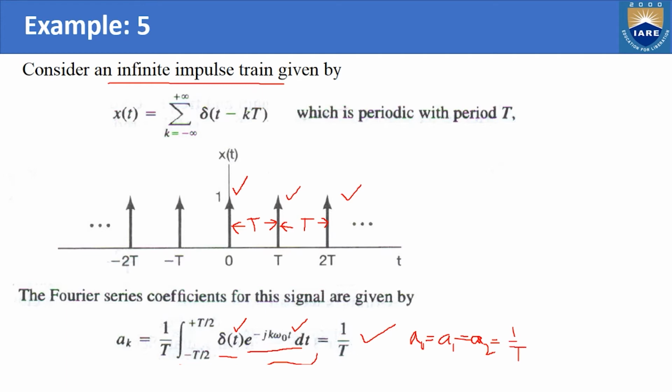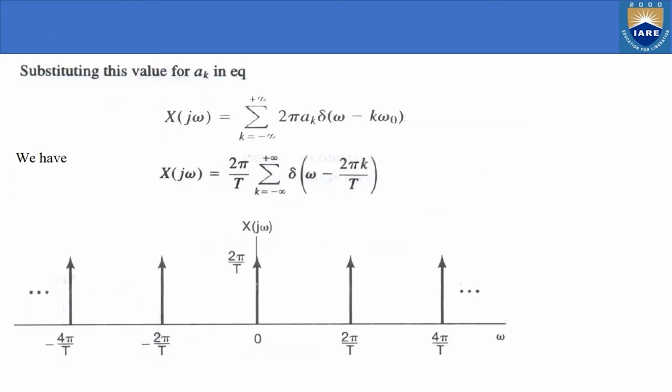So earlier in the previous slide we got ak, the Fourier series coefficient of an impulse train. It was 1 by T, where T is the time period of the impulse train. Now, in general, if I take a periodic impulse train, this is the Fourier transform of the periodic impulse train.